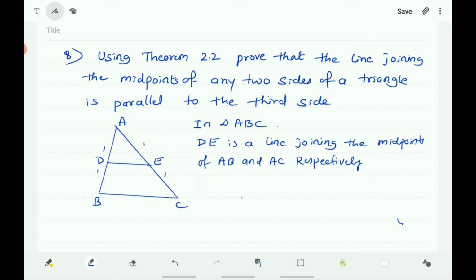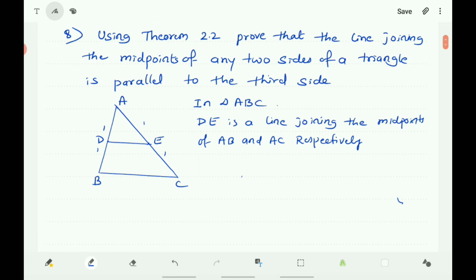To prove that DE is parallel to BC, we must show that AD by DB is equal to AE by EC. Means the DE divides AB and AC in the same ratio. That you have to prove here. If you prove that DE divides AB and AC in the same ratio, then DE becomes parallel to BC according to the converse of Thales theorem.